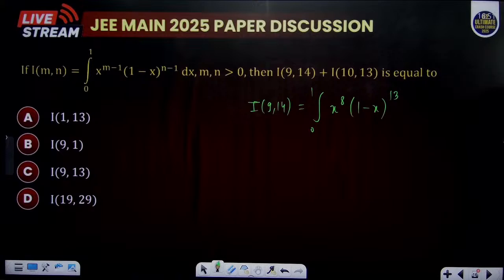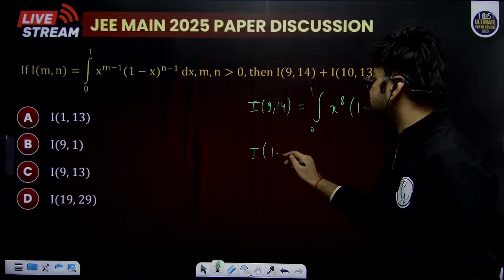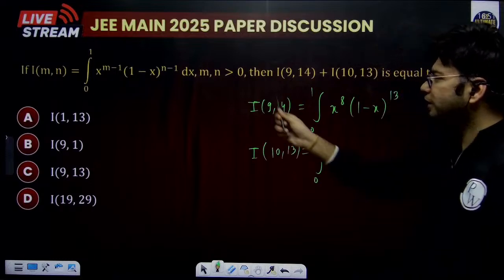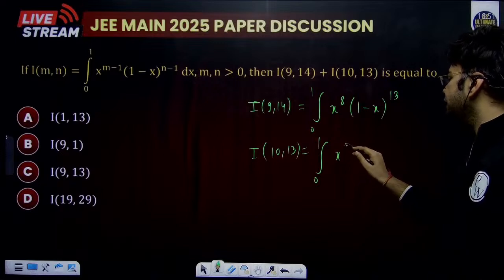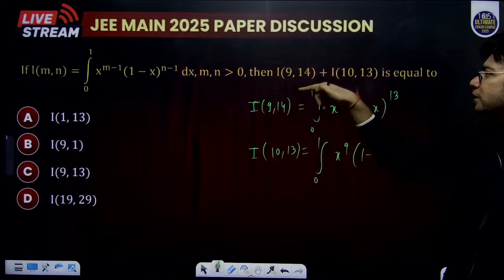This is my I 9, 14. Then again, can I write I 10, 13? Yes. What will be I 10, 13? This will become 10 minus 1, so x to the power 9, and this will become 13 minus 1, so that will become 12.